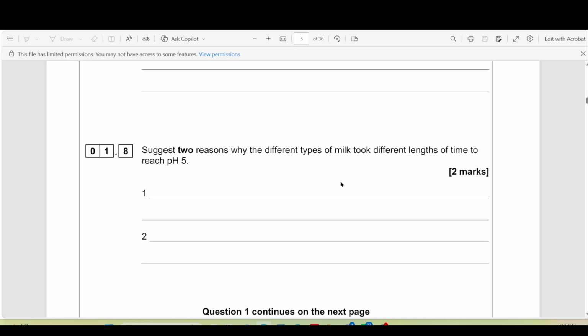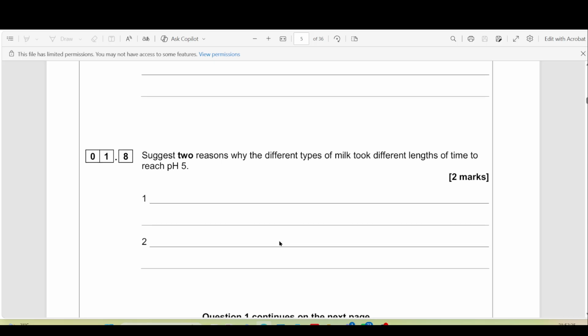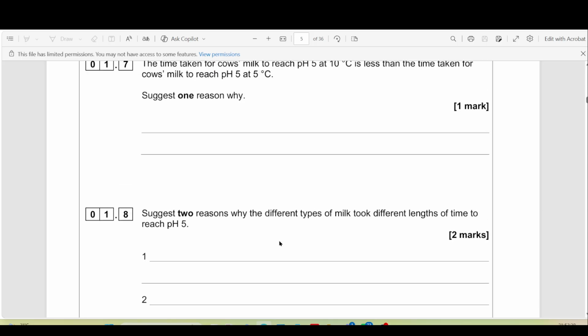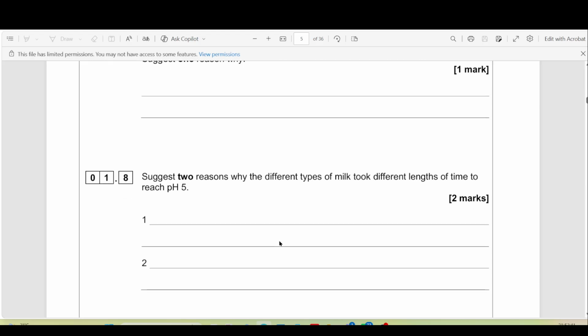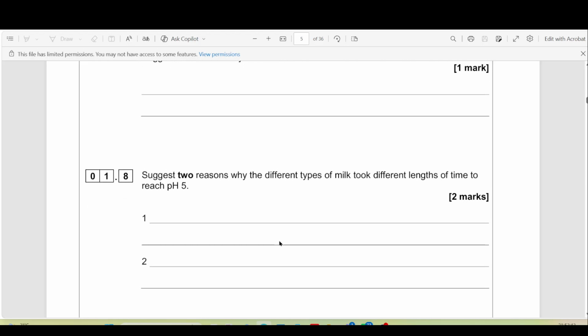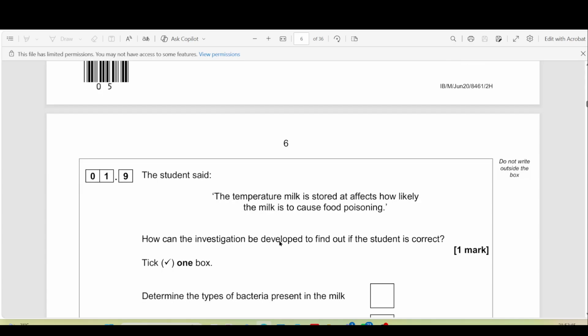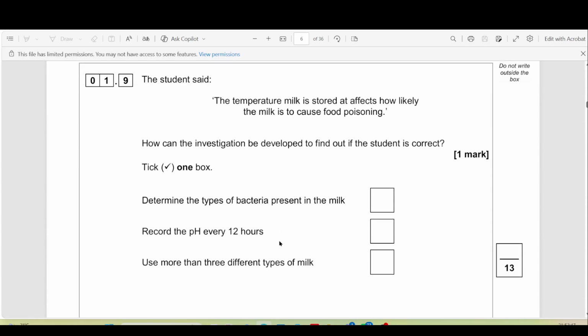Okay, yeah, different milk have different starting pH. And then different milk could have different concentration of fat and lipids in it, right? Has different concentration of fat, yes, or lipid.